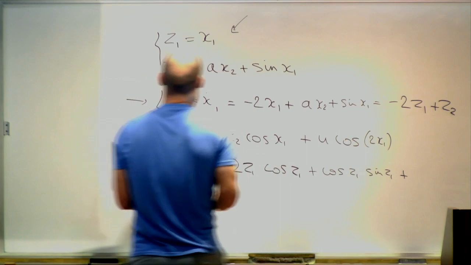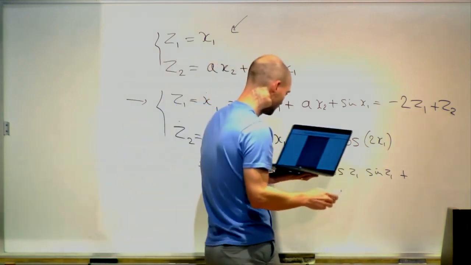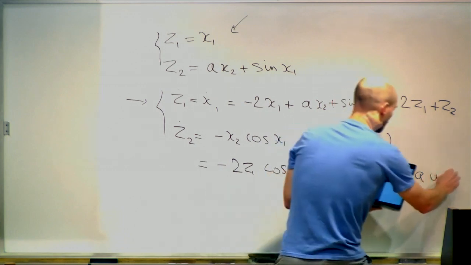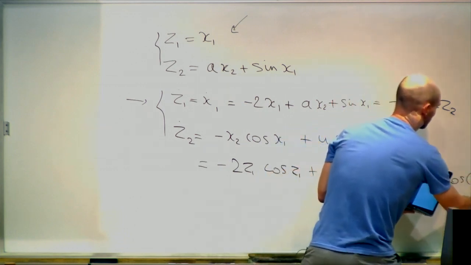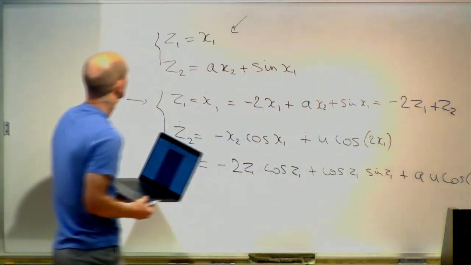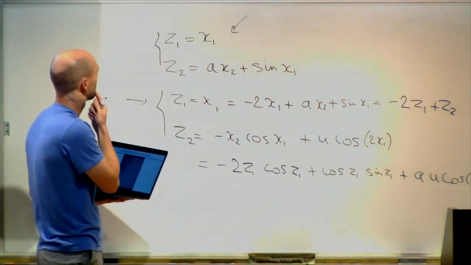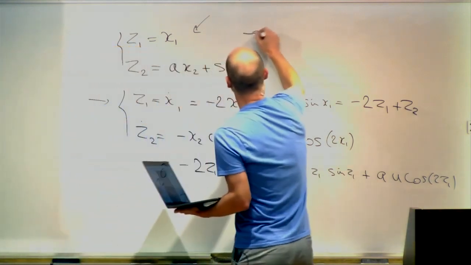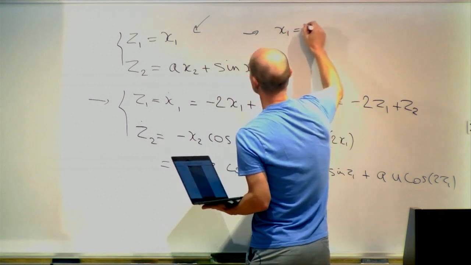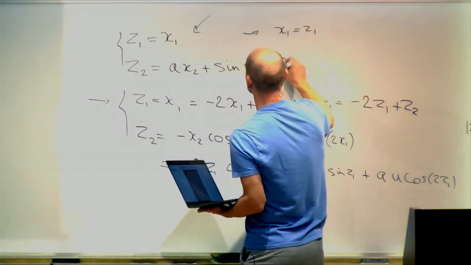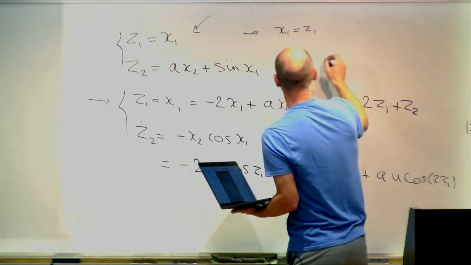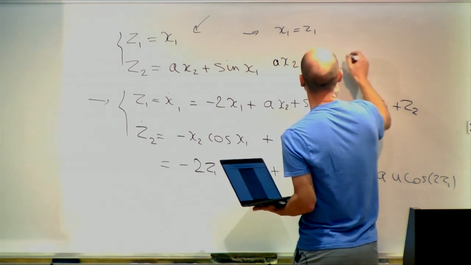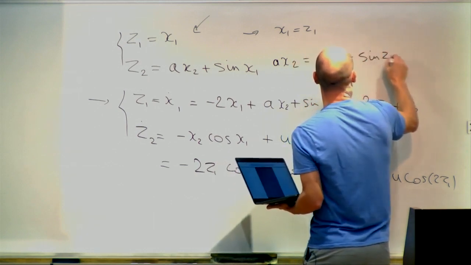Looks like I'm missing. Oh, here it is. Okay. Plus a u cosine 2 z1. So this is essentially writing x1 equal z1 and a x2 equals z2 minus sine z1.